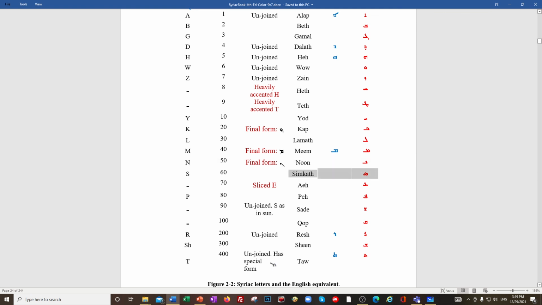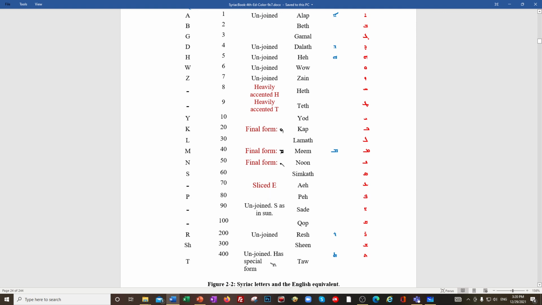Simkath, 60, S. Slide E, A. Again, this one has nothing in English. Numeric value is 70. I don't have any equivalent to this one in English. Pe, 80, P in English.